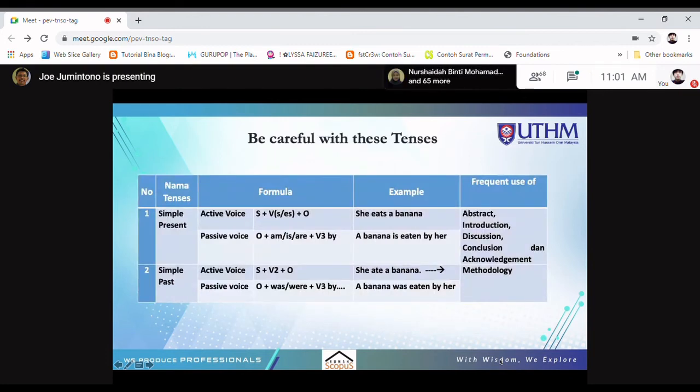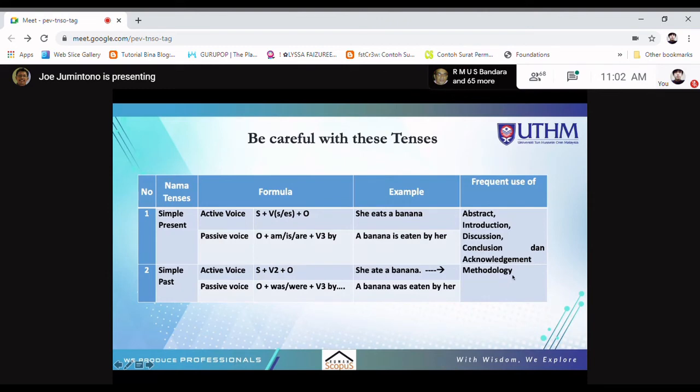In writing a paper in English, be careful with these sentences: simple present and simple past. Only these 2 tenses that you should master. Simple past is used in the methodology part.